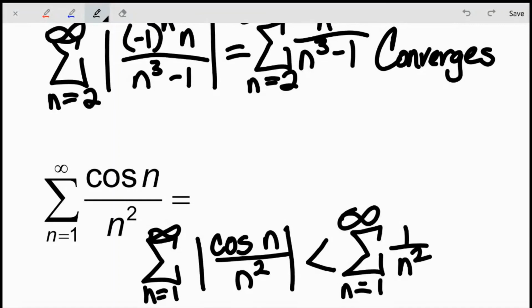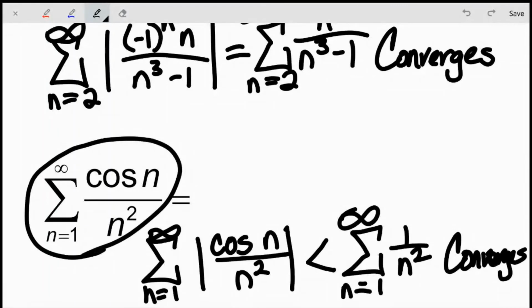Most of the time it's going to be less than 1. So in general, the terms for cosine n over n squared are going to be smaller than 1 over n squared. Well, 1 over n squared converges. So that means that my series for absolute value of cosine n over n squared is also going to converge. So this is absolutely convergent.